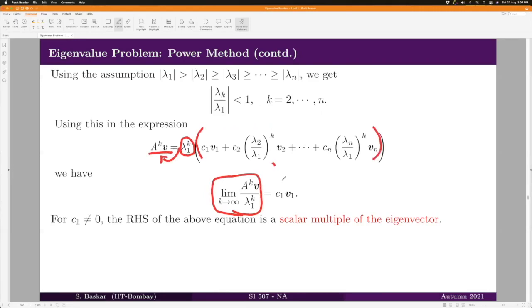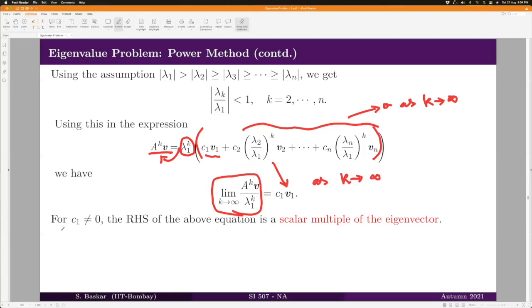And that expression converges to only the first term, because all these other terms will go to 0 as k tends to infinity. Therefore, what remains is c1 v1, and this entire expression goes to c1 v1 as k tends to infinity. So that is the interesting part here.